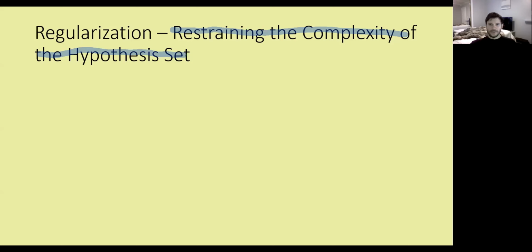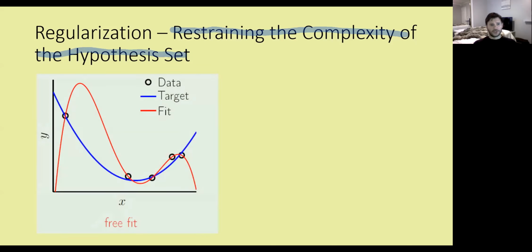I'm going to revisit this example where we started off with a blue target function. The blue function here was our data generating process. The red function here was our unrestrained model.